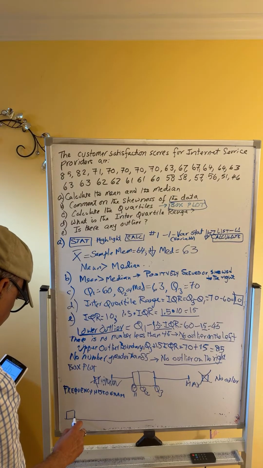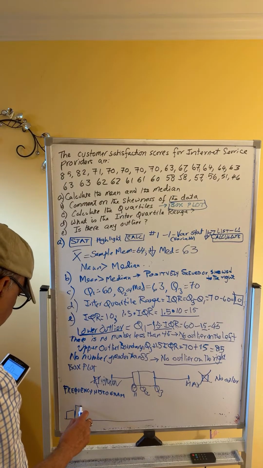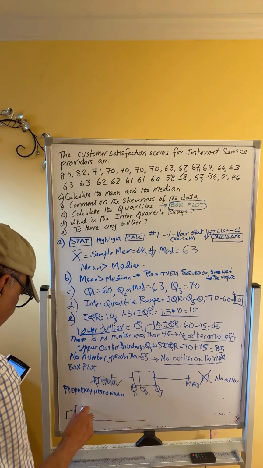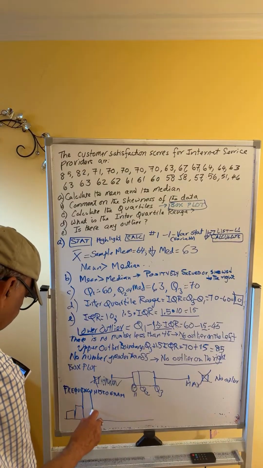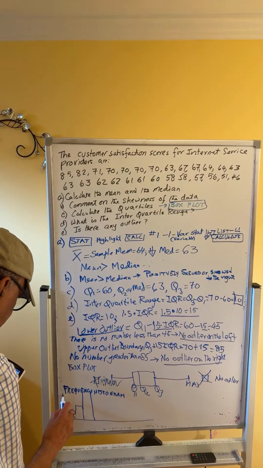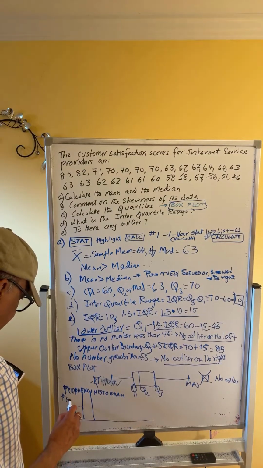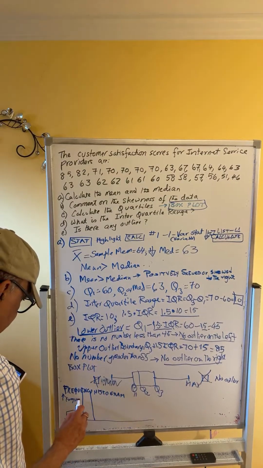A few large numbers put the tail or extension on the right. The third group of data has the highest frequency. So remember, the vertical height is equal to the frequency of each of these bars.